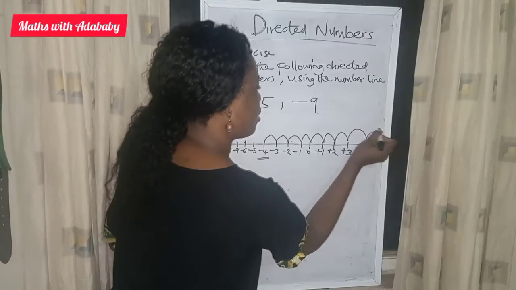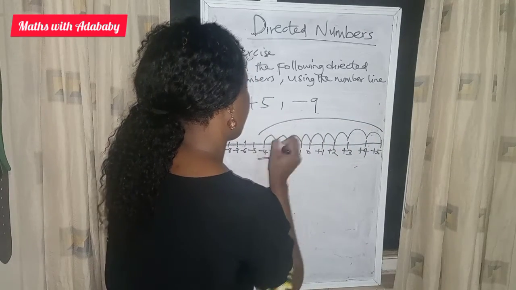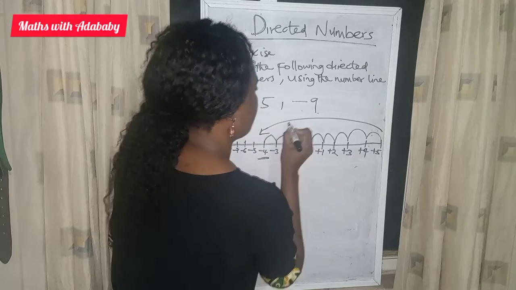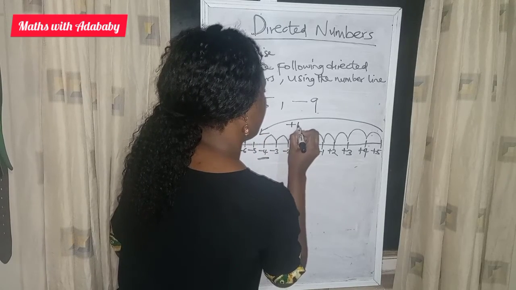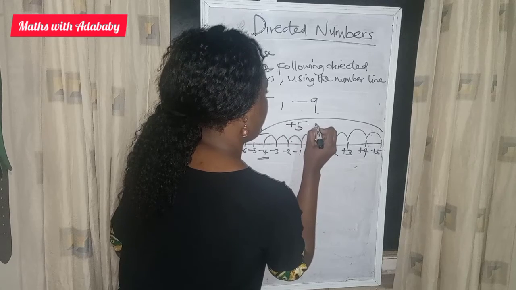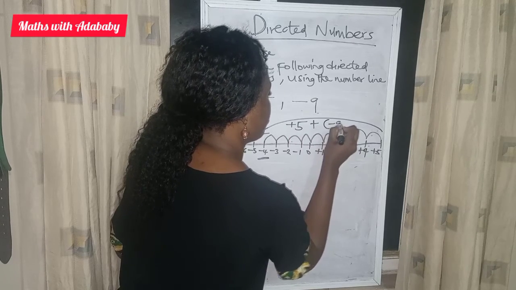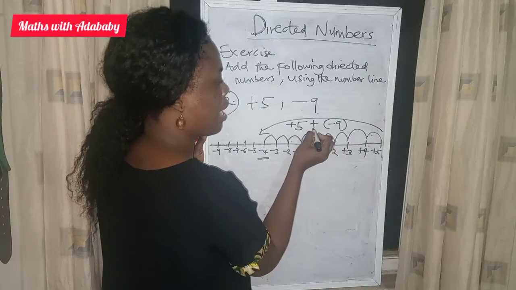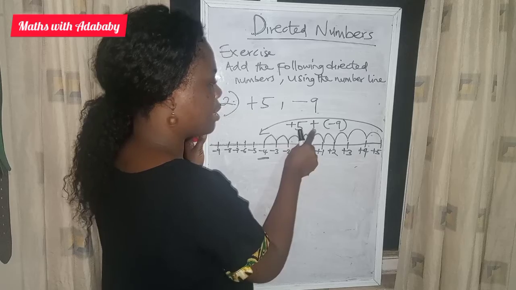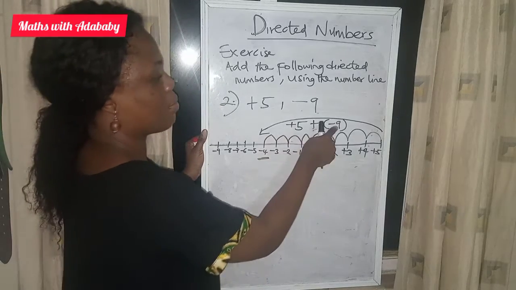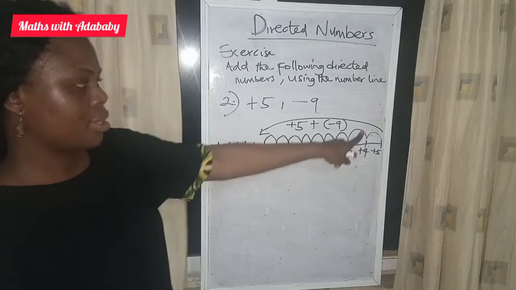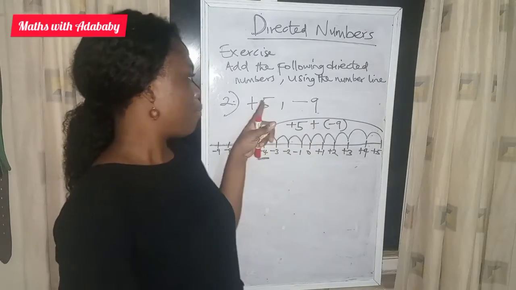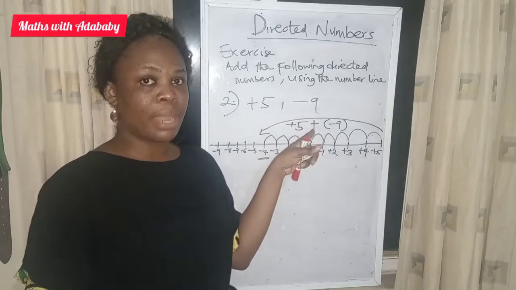So the number line, this sum, this is plus 5 plus minus 9. Remember they said add the following directed numbers. So this is the add. So we are adding plus 5 to minus 9. So this is the representation of the sum of plus 5 to plus minus 9.